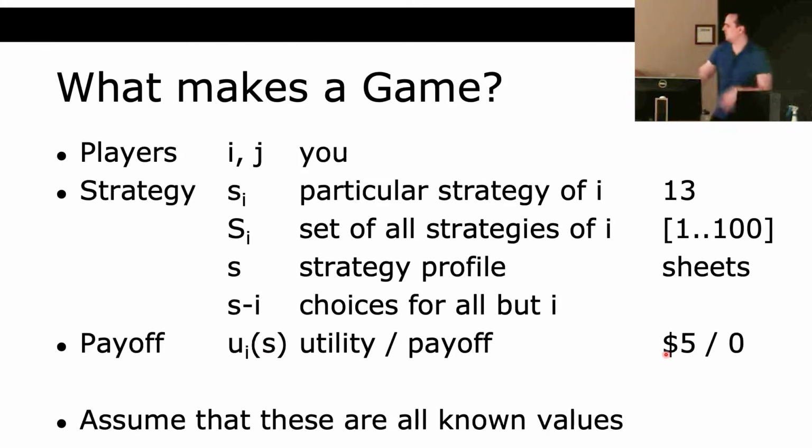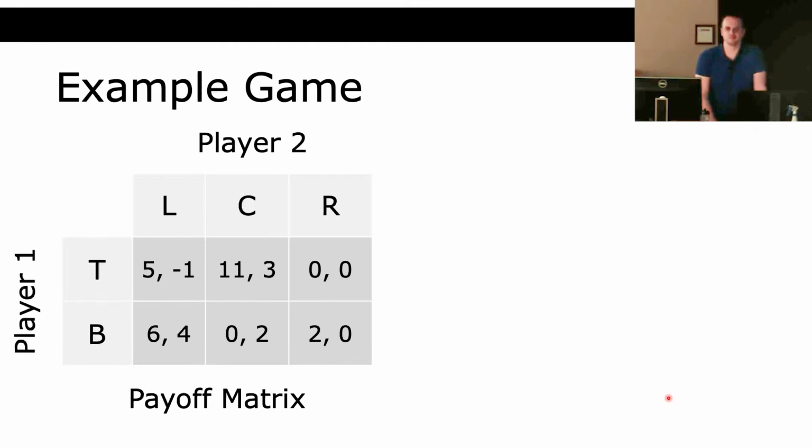I joked around last time about giving someone $5 if they were the winner. And we assume all of these are known values because we have to write them in a matrix to solve this game, right? If you're playing an incomplete information game, where you don't know all the rules or all the outcomes, then that's bad. You don't want to play those games necessarily.